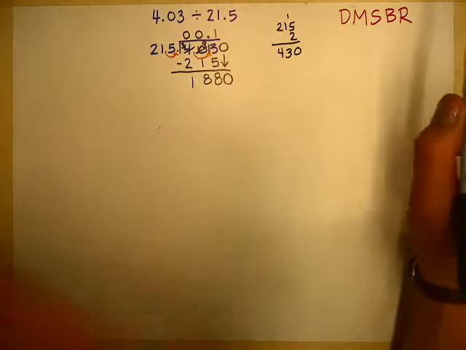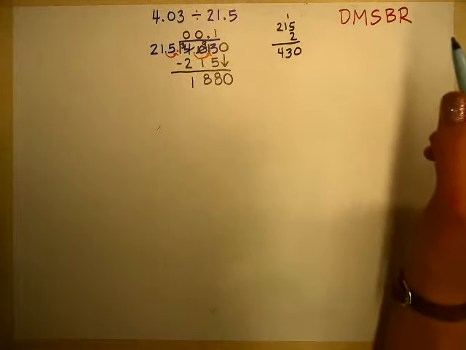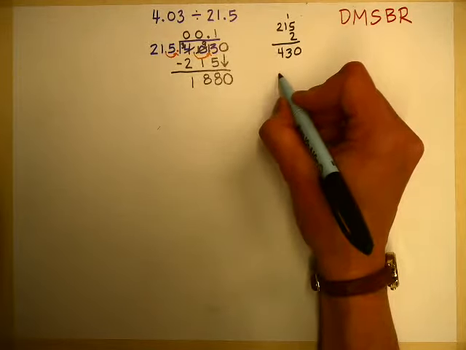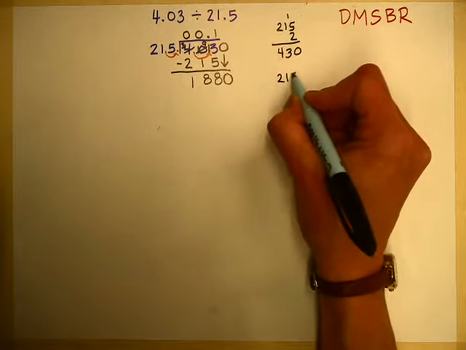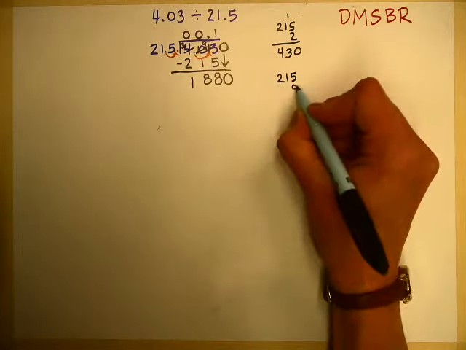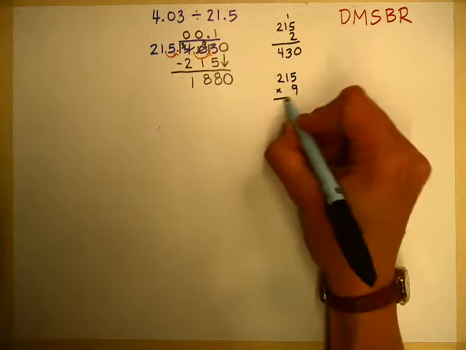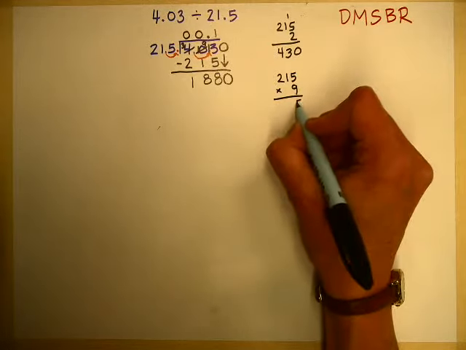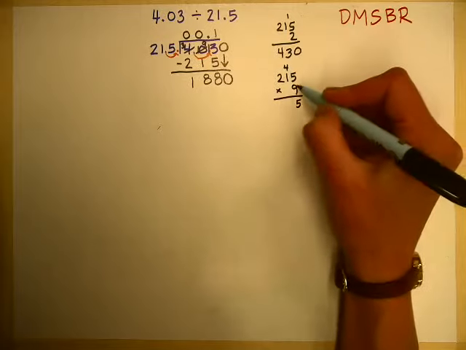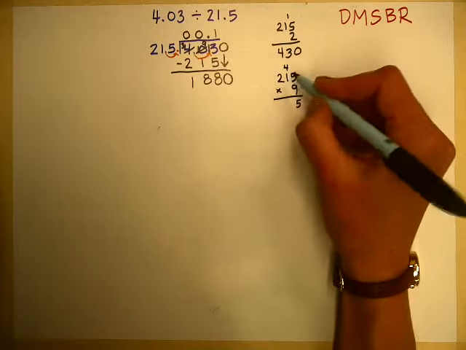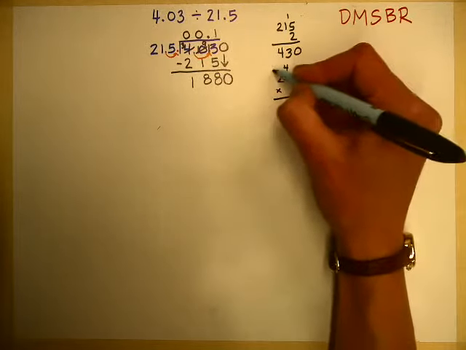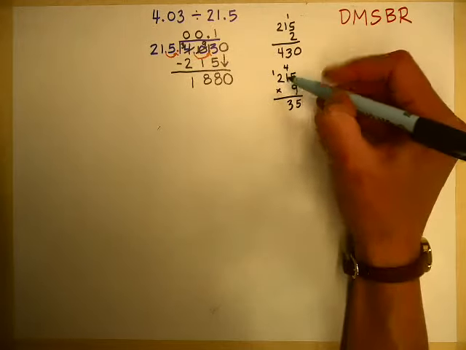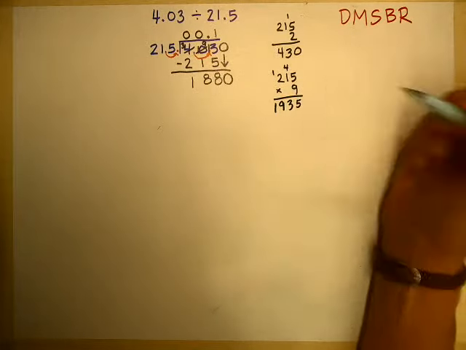So it might be as close to 9. We can try 9, and if 9 is too big, then it'll be 8. And 215 times 9. 9 times 5 is 45. 9 times 1 is 9, plus 4 is 13. Carry the 1. 9 times 2 is 18. Oh, it's too big.